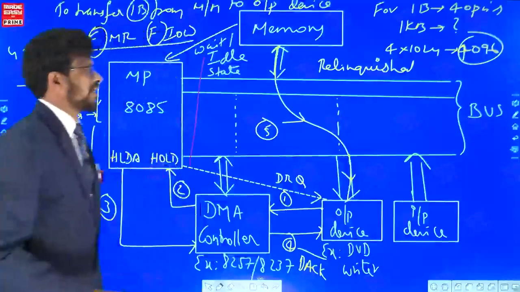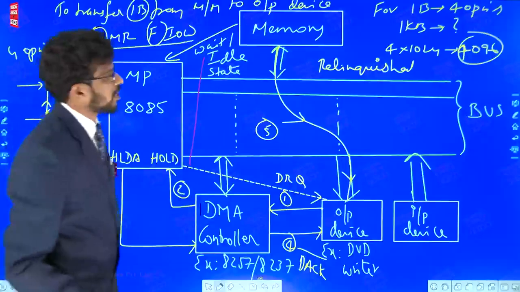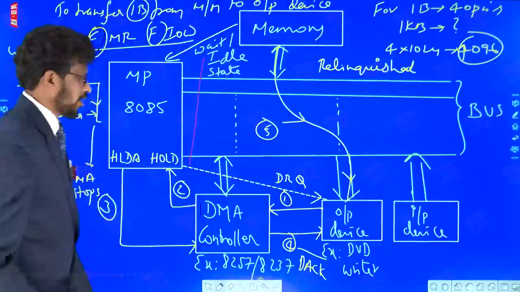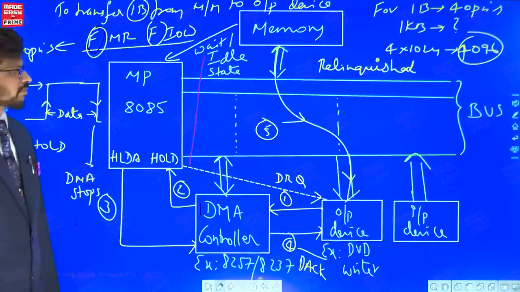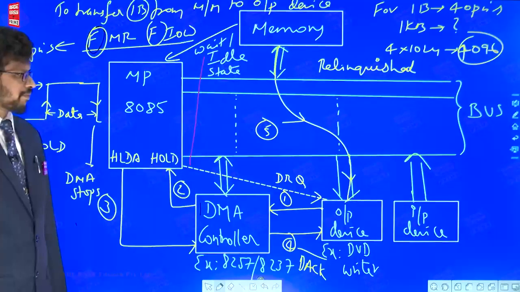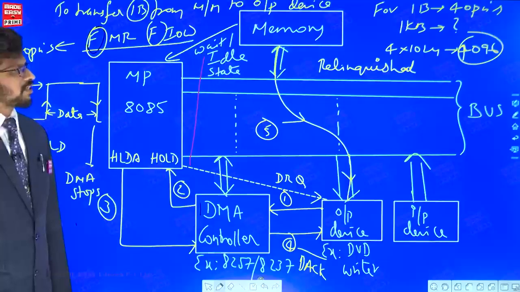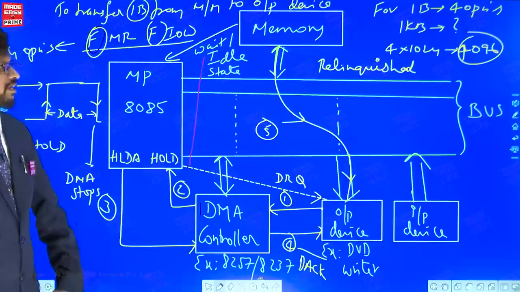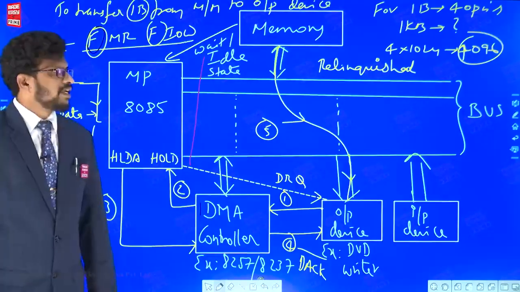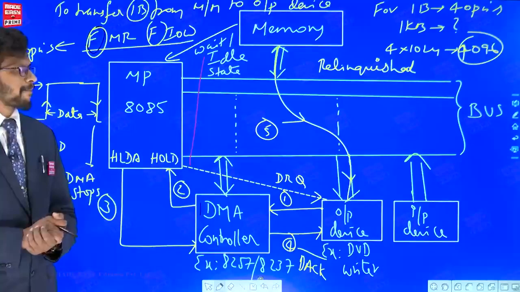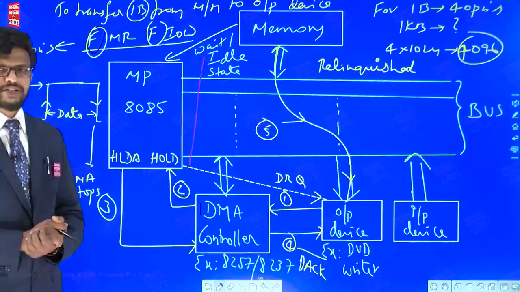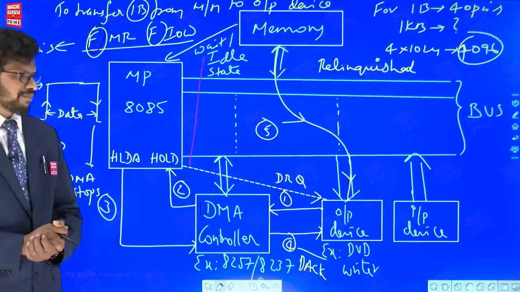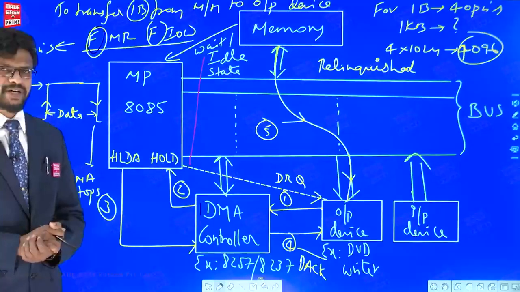Control of buses is relinquished to DMA controller. After this state, the data from memory is transferred to output device or from input device to memory.